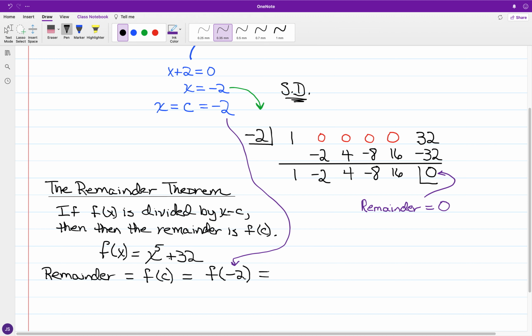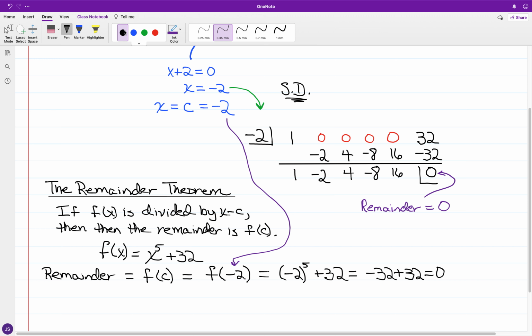Inputting -2, so again, your input, you have x equal to c is equal to -2. And so we're going to have -2 raised to the 5th, followed by the addition of 32. And -2 to the 5th, okay, we have -32 plus 32. And that is equal to 0.